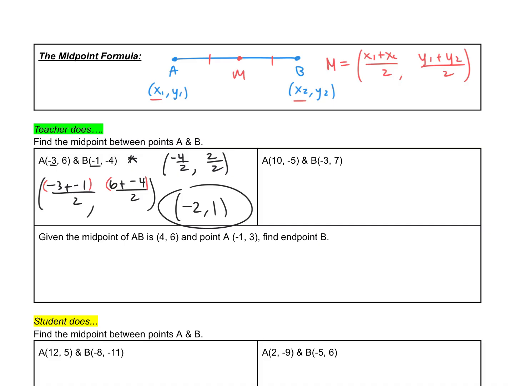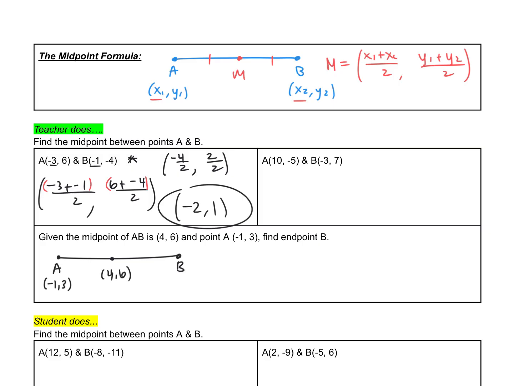I don't think we need to do the exact same thing again, do you? We do need to do this one, though. So this last one is different. Given the midpoint is 4, 6, and point A, find the end point. Okay, so here is what we have. Let's take a look at a picture. We have AB. We know that A is -1, 3, and we know the midpoint is 4, 6.